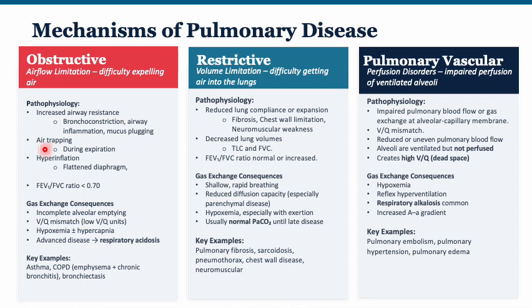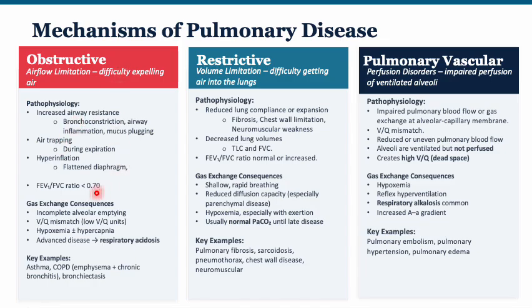It can be due to air trapping, like I stated earlier, failing to release all the air during the expiratory phase of breathing. Also, hyperinflation can cause this too, because you have the flattening of the diaphragm that's not able to contract as well to help force some of the air out during the breathing cycle.